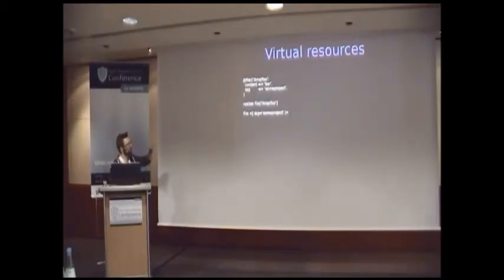There's 2 ways of realizing virtual resources. One is plainly with the realize function, in which you can specify the resource type and its name. And the second one is a collection. These collections allow you to collect multiple resources at once.